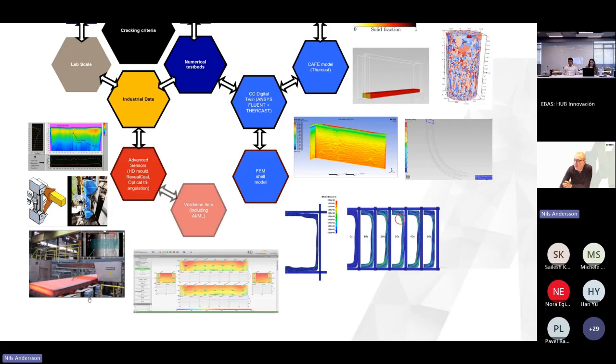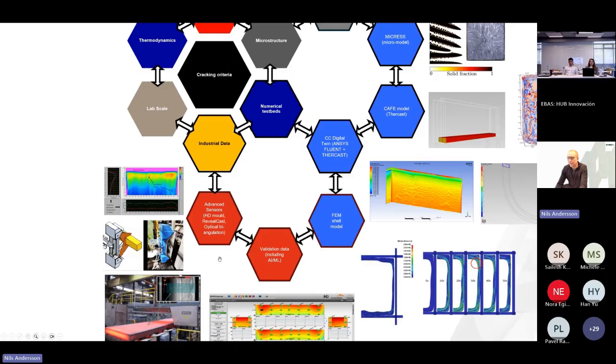And with that, we can correlate or bring these measurements together and get an idea of where the defects occur, and then compare that with our modeling results to get some understanding of where and why the defects occur.